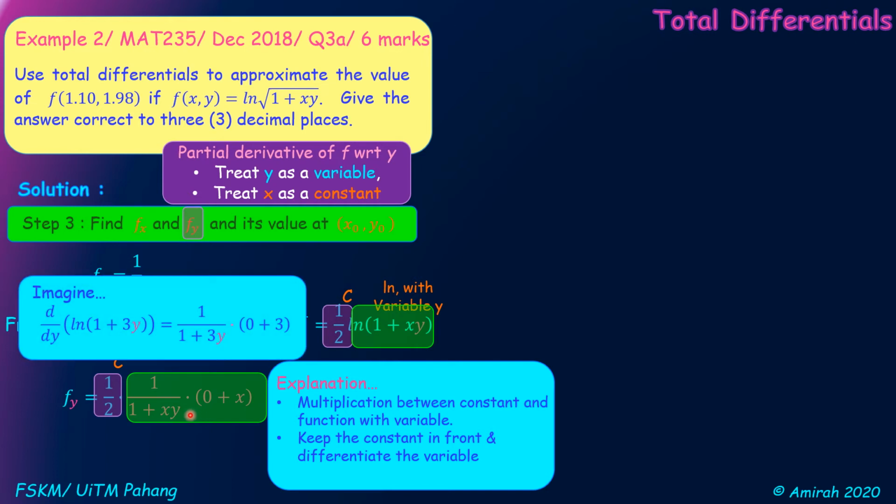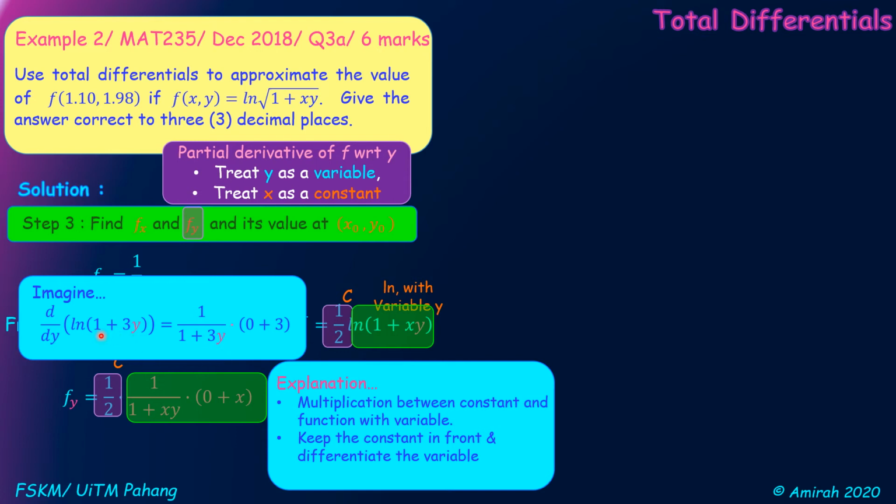Okay. Alright, to differentiate ln 1 plus xy, we just imagine we want to differentiate ln 1 plus 3y. We assume x, which is constant, equals 3. So now we want to differentiate ln 1 plus 3y with respect to y. So we get 1 over 1 plus 3y times, we differentiate the function inside ln.